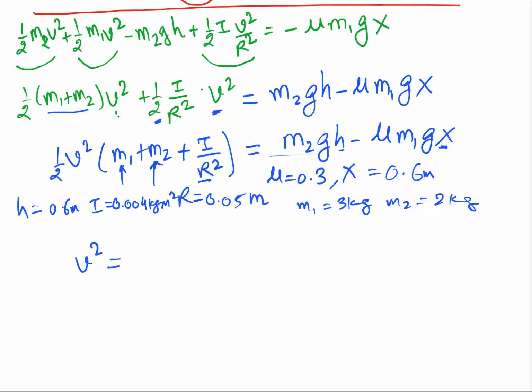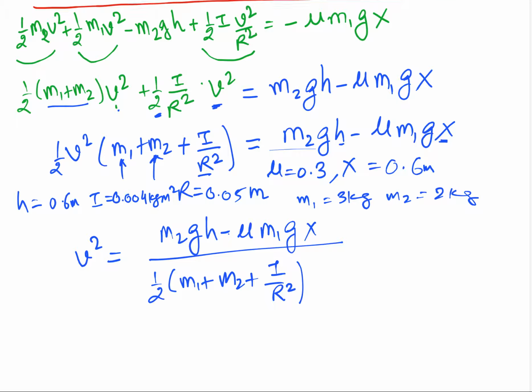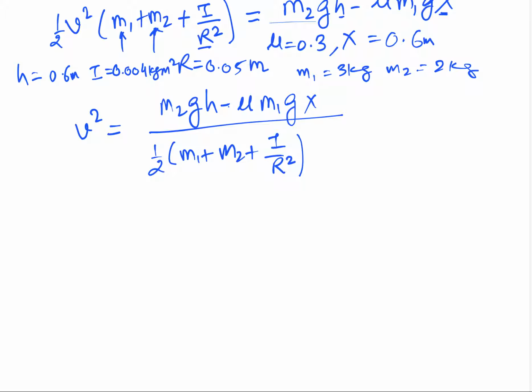So velocity square equals, I'm just going to solve this equation here: m2 gh minus mu m1 gx, divided by 1 half of m1 plus m2 plus I over r square. Now I'm going to put g equals 10 just for mental math.